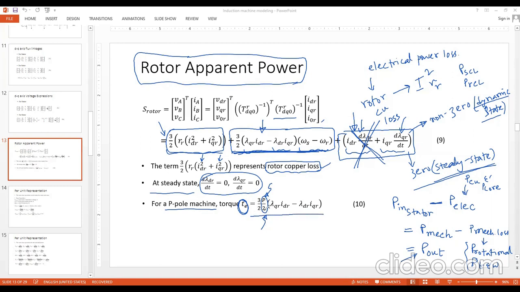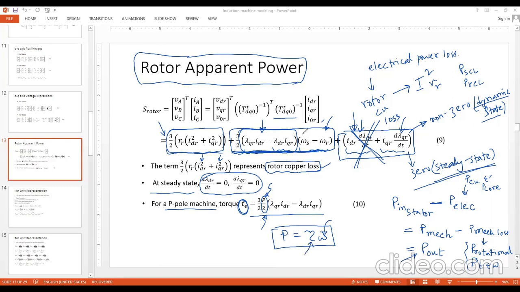For a p-pole machine, you simply multiply this 3 by 2 into p by 2 into this. So this is the torque. And when you multiply torque with the speed, you actually get the power, because P is torque into omega. This is the general relationship between power, angular velocity and torque.